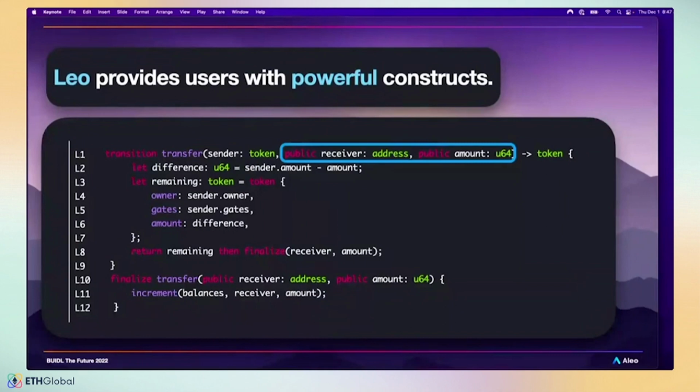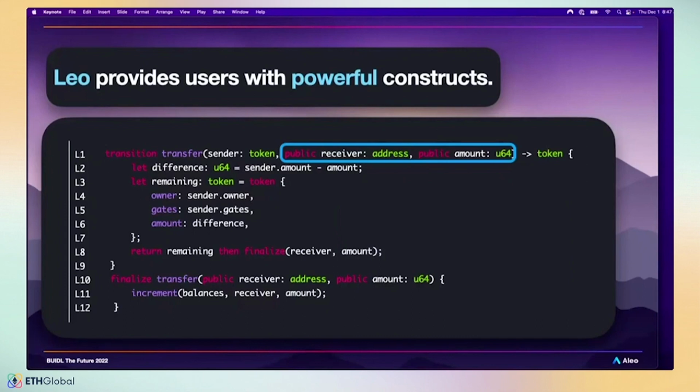The way this transfer function is going to work is that it's going to take in a sender's record, return the sender a new record with the remaining balance, but then invoke some on-chain execution that updates a mapping on-chain with the receiver and its new balance. Effectively, it's taking a private number of tokens and transferring some to the receiver publicly so that everyone on-chain can see the receiver's new balance.